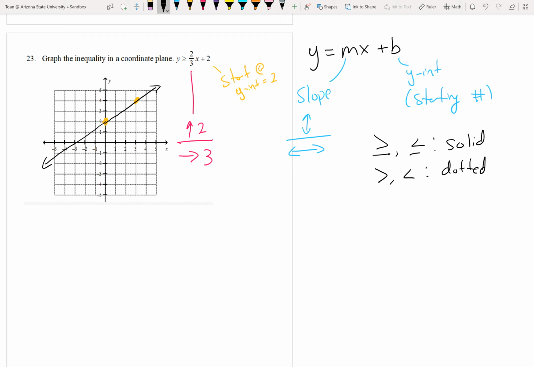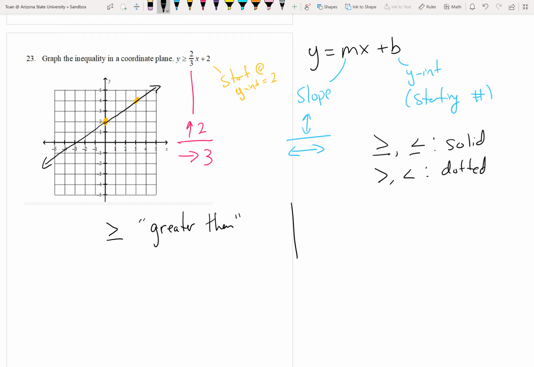Now with inequalities, your solutions are half planes. So all it is is a matter of reading the inequality. If your inequality is greater than or equals to, this is greater than. My handwriting needs to be better. Greater than. That literally means the y value should get bigger.